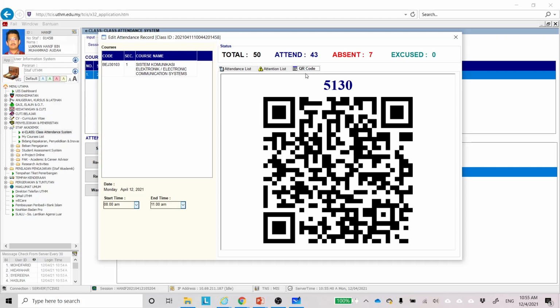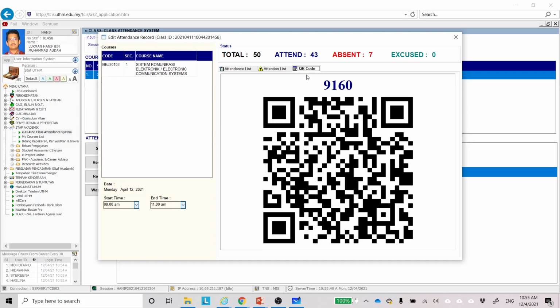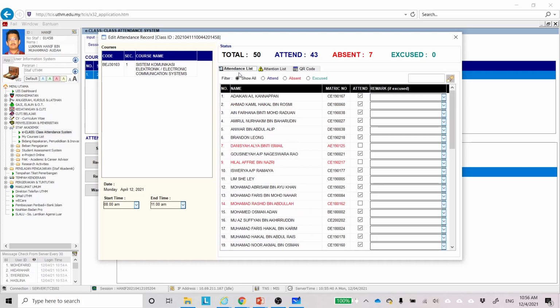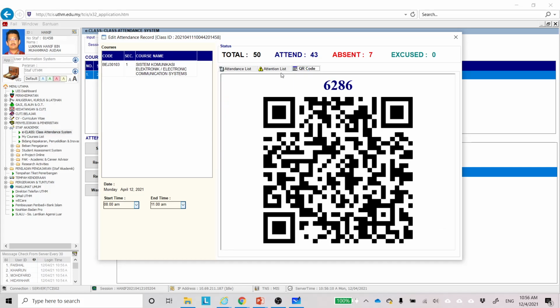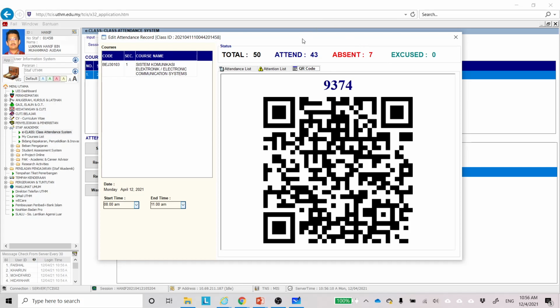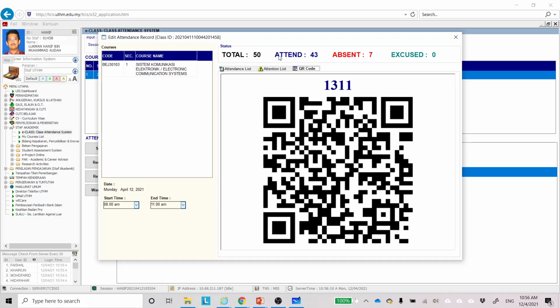Siapa lagi belum? Nanti yang tanya soalan tu sekejap nanti saya tunjukkan ya. Semua dah ambil attendance? So 7 students absent today. Any more attendance? Tak ada Doktor, dah.